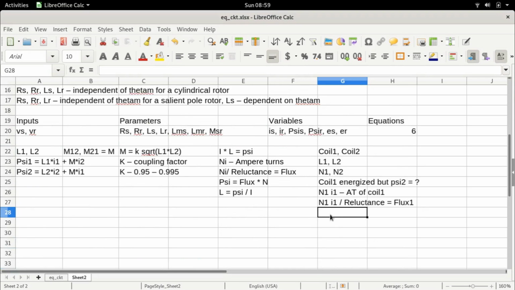So if I say psi 2 is the flux linkage of coil 2, this flux linkage of coil 2 will be flux 1 multiplied by N2, which is the number of turns of coil 2, right? And if I say that this psi 2 is so much, then the mutual inductance is equal to psi 2 divided by the current I1.